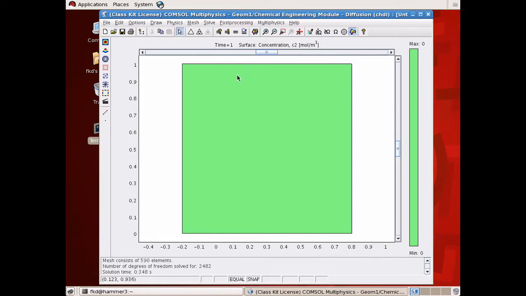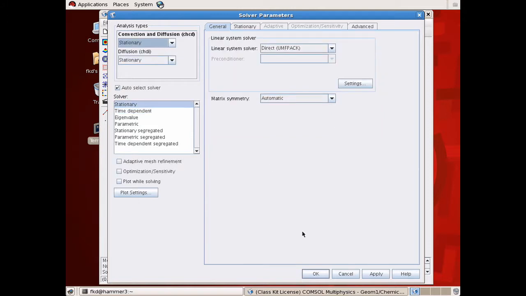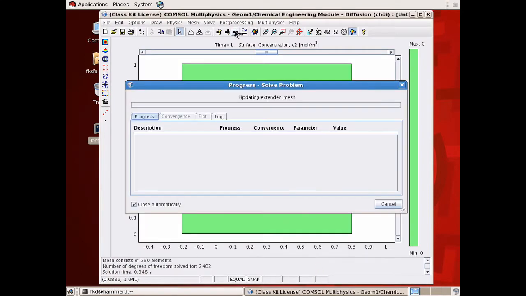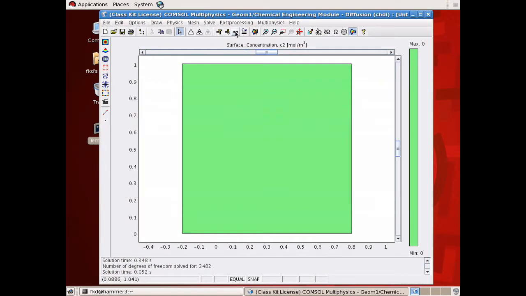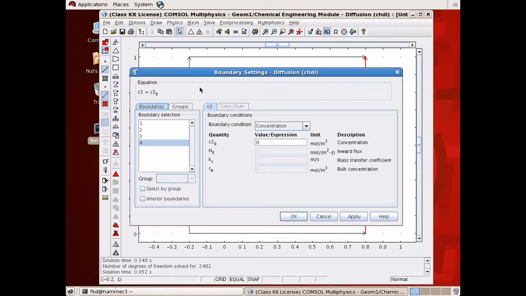All right. And so the other thing I want to do, maybe I want to do it stationary. So let's try that again, see what it gives us. Oh, that's no good. So what am I not doing? So this is diffusion part, this is concentrations. What have I not done? 1, 0.